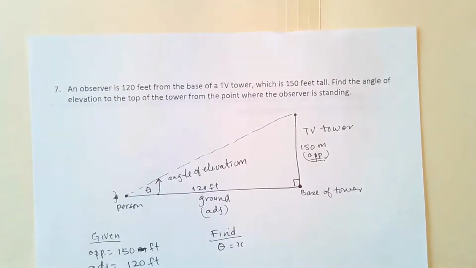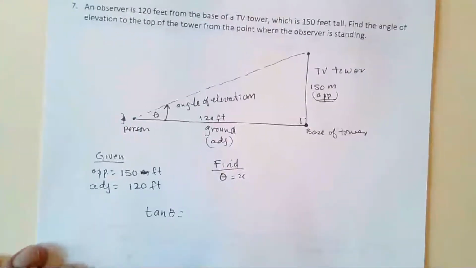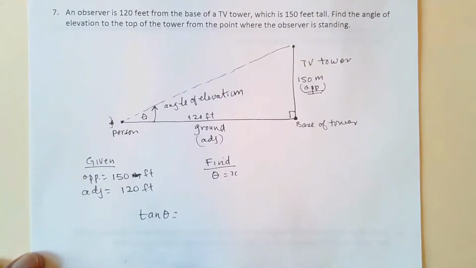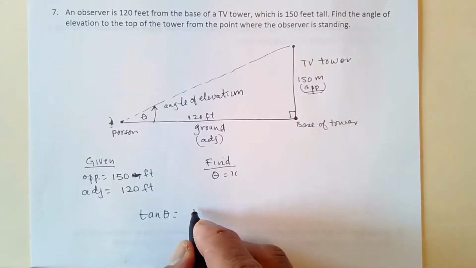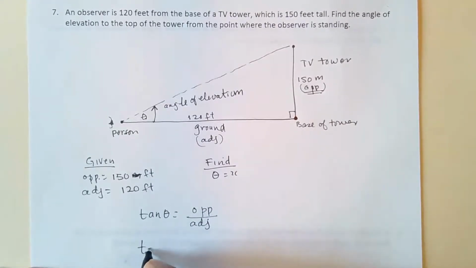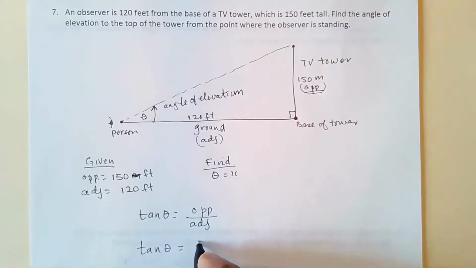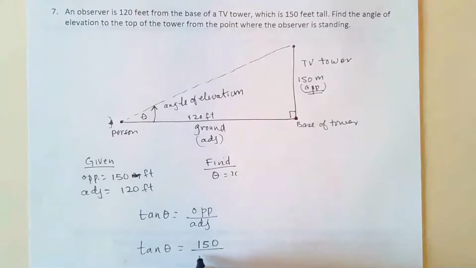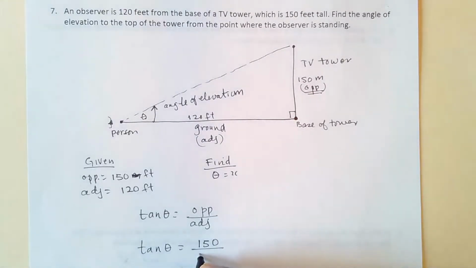Based on our triangle trig ratio, we know that opposite over adjacent is matched, so that gives us tangent. Tangent theta is opposite over adjacent. So we have tan theta equals opposite, 150, over 120.